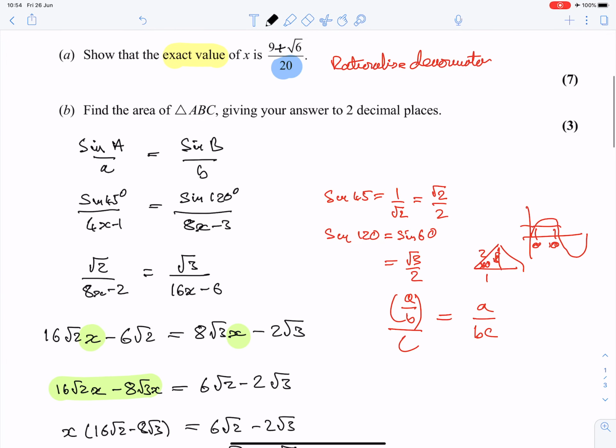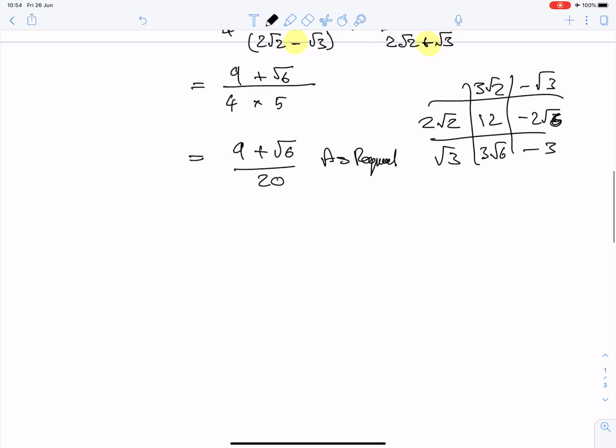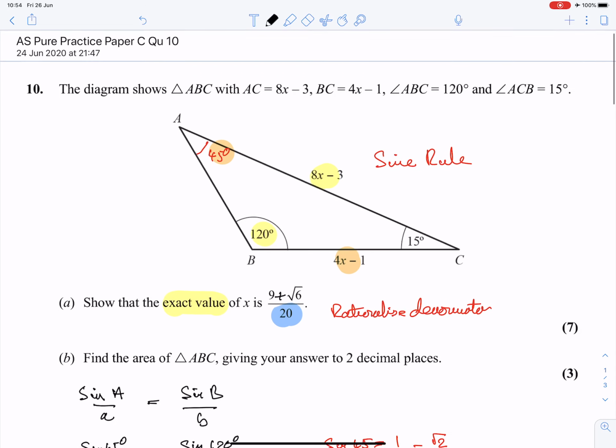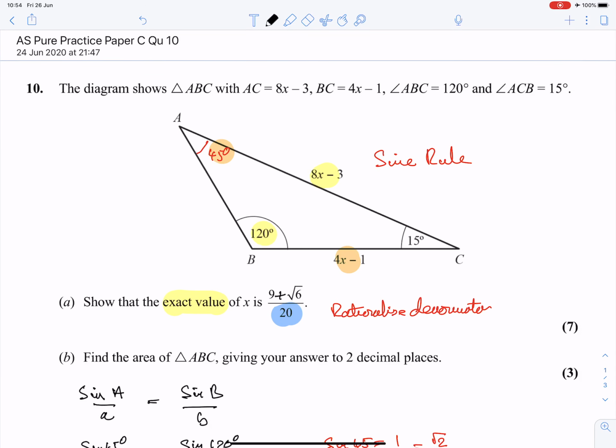Part B, find the area of triangle ABC, giving your answer to 2 decimal places. So part B, area is equal to a half AB sine of C. So we need to know 2 sides and the angle in between.